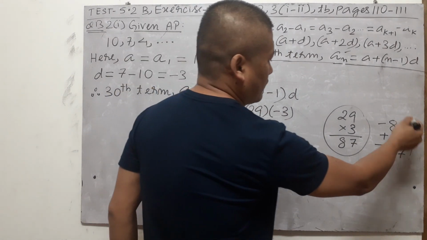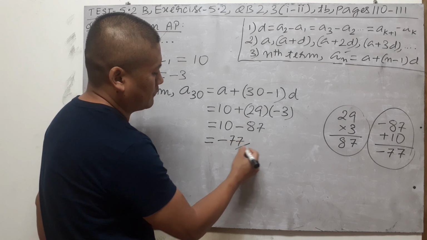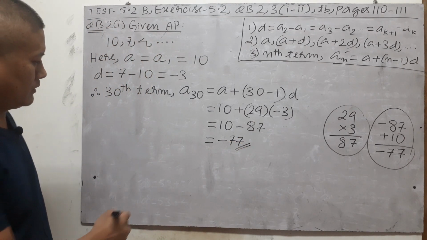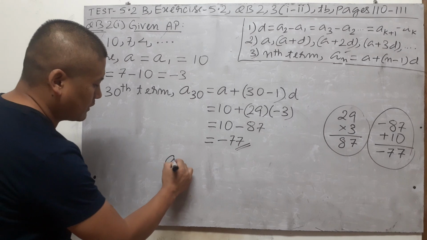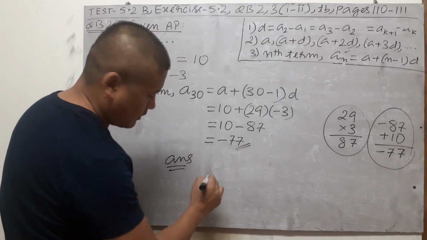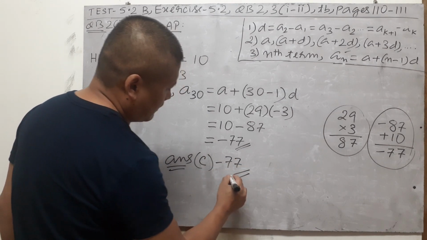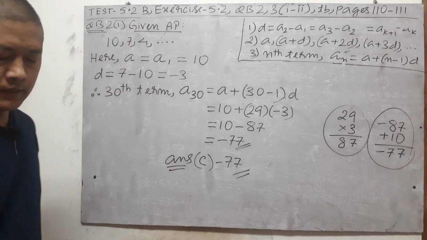So you can write these things on your graph. Okay, so minus 77 is the value of the 30th term. So that's our first answer, and the answer that matches what we got here is choice C, having that answer minus 77.